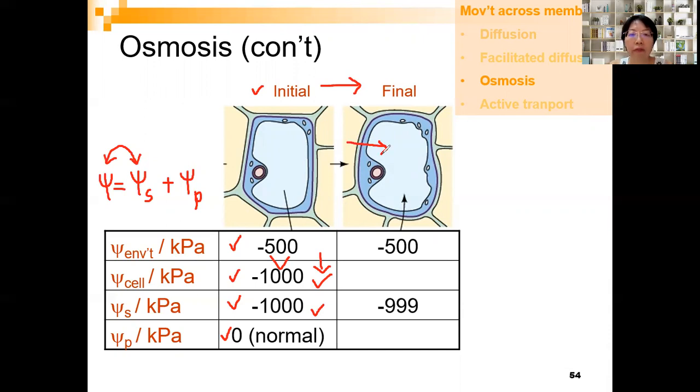After 10 minutes, say for example, we allow the diffusion to happen for 10 minutes, let us examine the water potential. At 10 minutes, water potential of the environment will still be the same, negative 500 kilopascal.